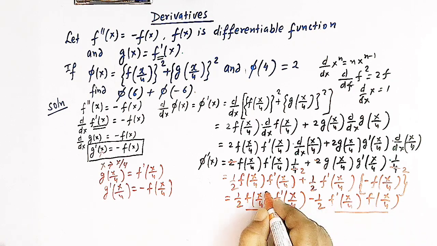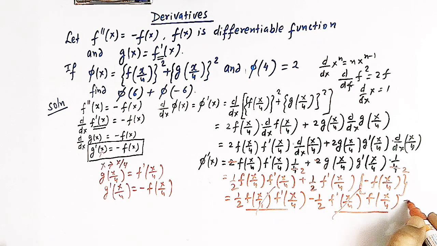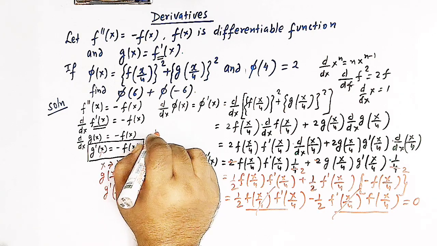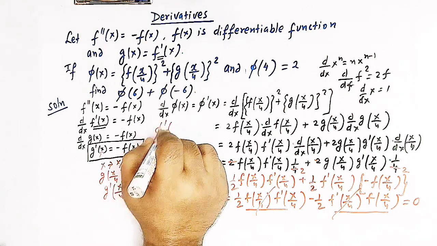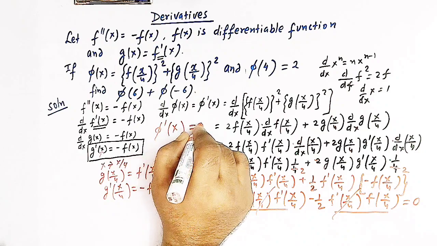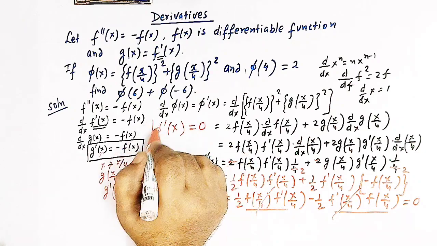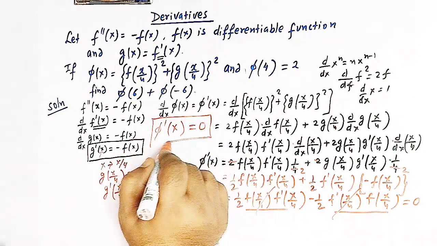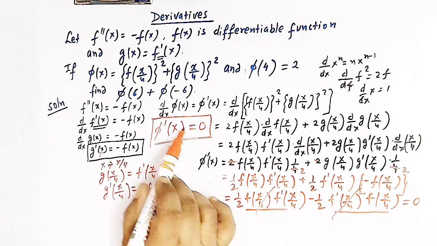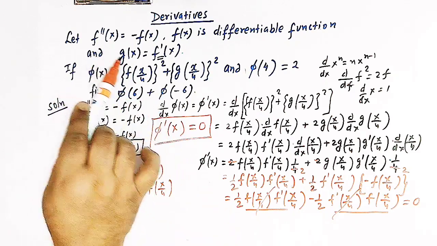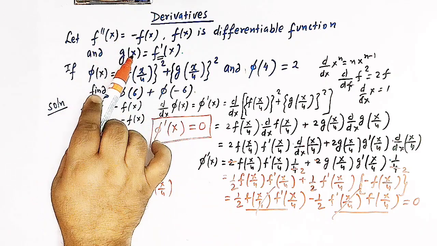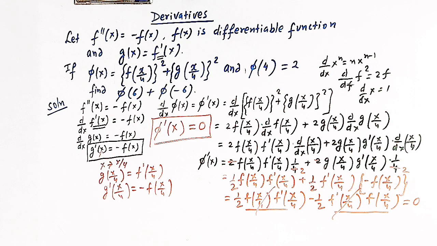So these two get cancelled, so we are left with simply 0, right? So we have obtained that f prime of x is equal to 0. So this is an important relation in connection with this problem using these given conditions.